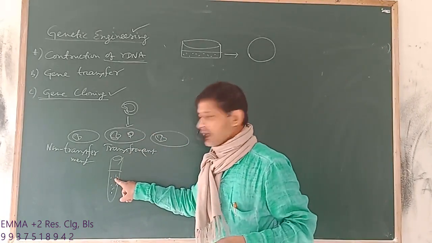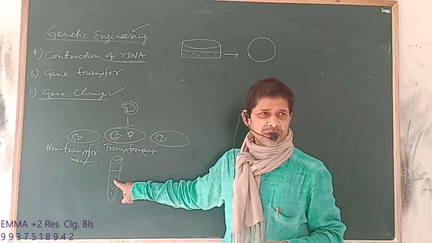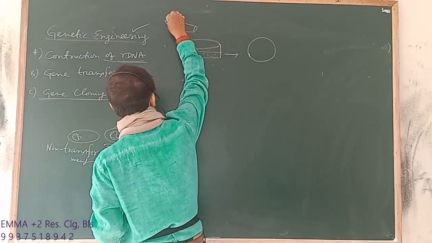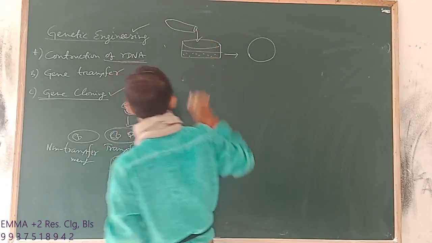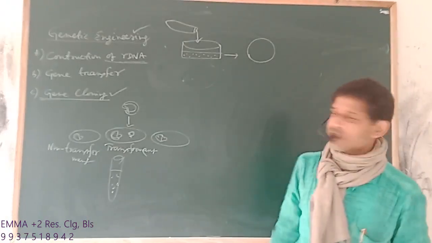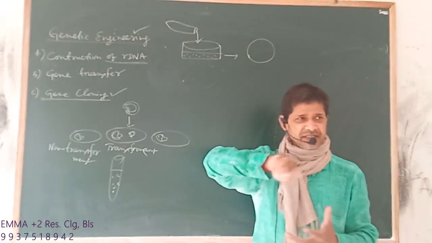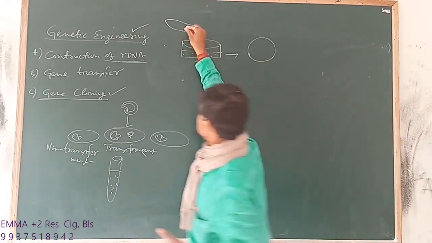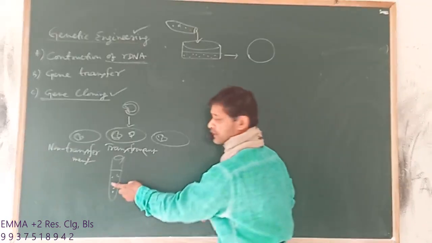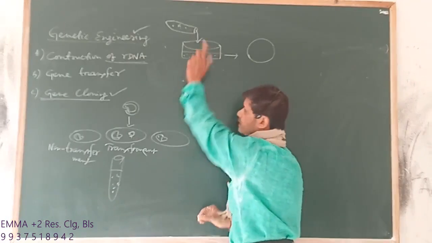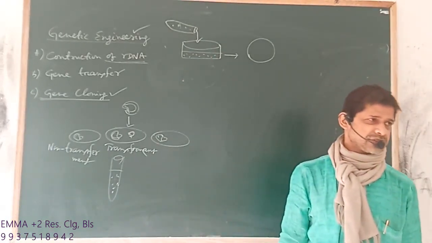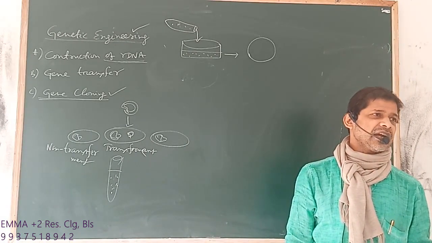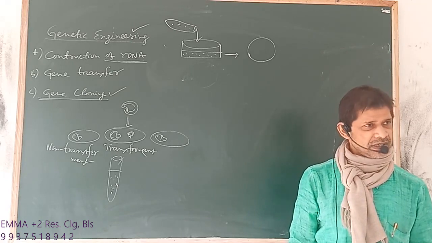I pour the entire content of the test tube here. When the agarose gel is liquid, I added the culture medium to the petri dish. After a few minutes, the agarose solidified.